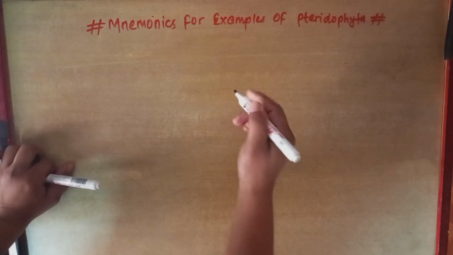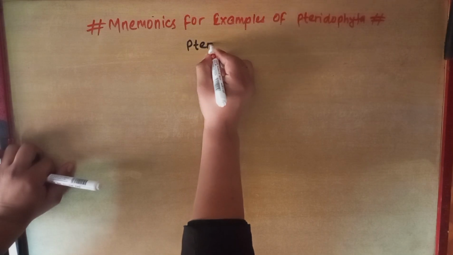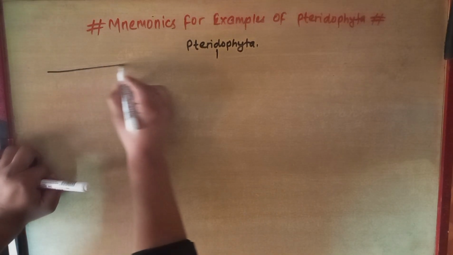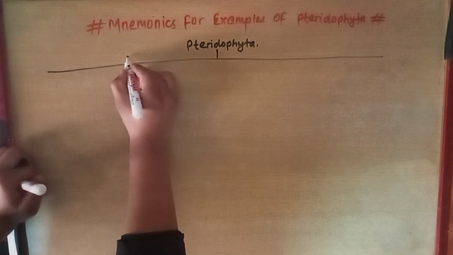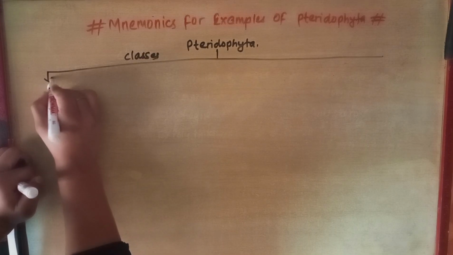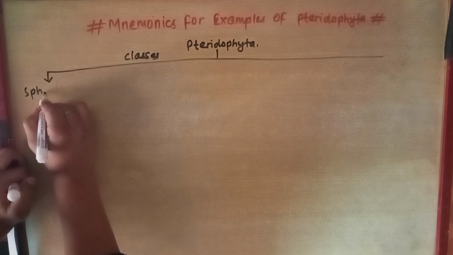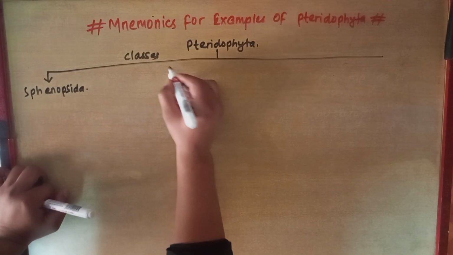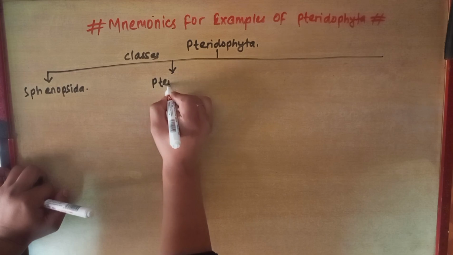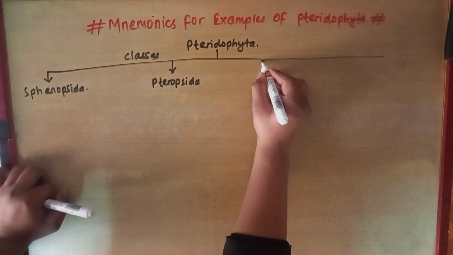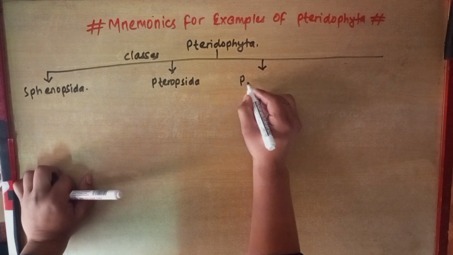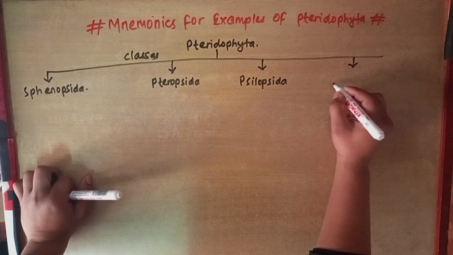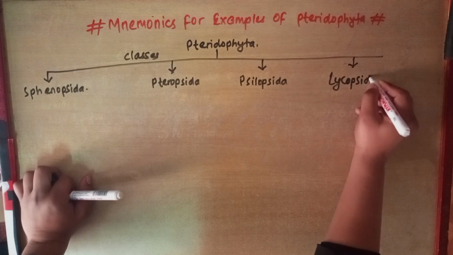So in Pteridophyta there are four classes. Pteridophyta is classified into four types, that is four classes: Sphenopsida, Pteropsida, and Coelopsida, and at the last we have Lycopsida.